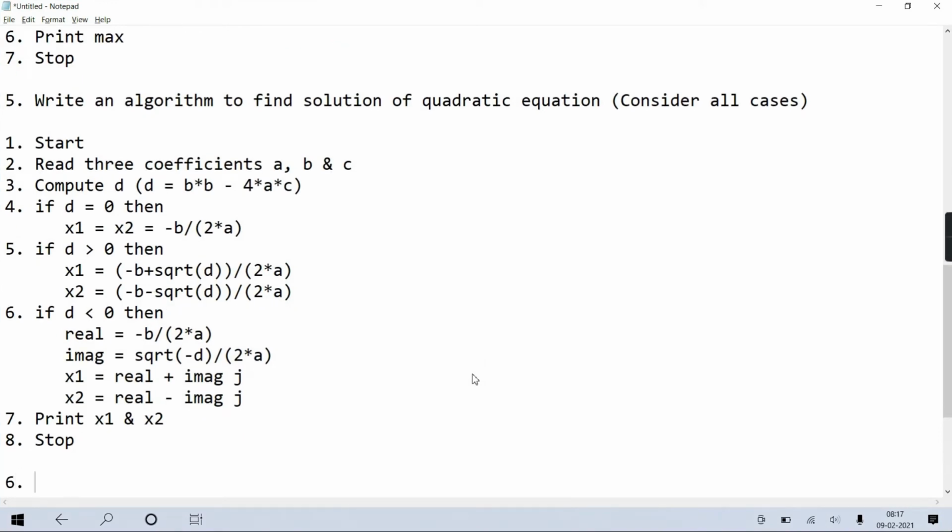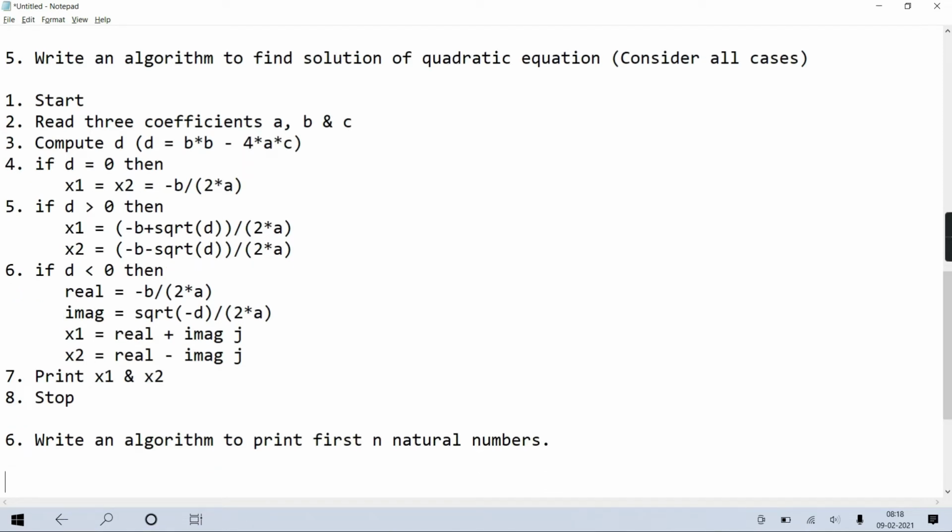Now moving to some more examples. Some examples of repetitions also we will take. In the examples we took so far, some decision making was happening. Now one more very simple example we'll take. Write an algorithm to print the first n natural numbers.